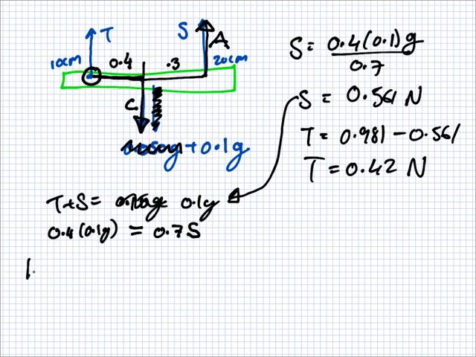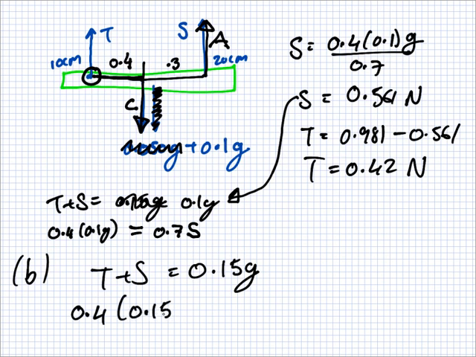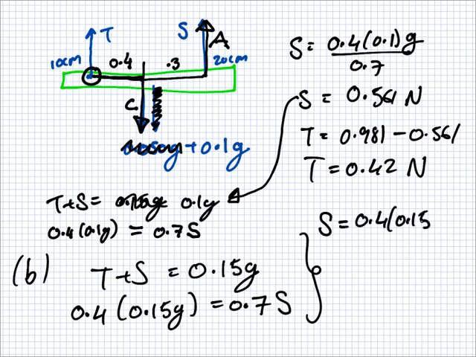So in part B, the only difference is it's T plus S equals 0.15 G. And then in the second part here, it's 0.4 times 0.15 G equals 0.7 S. The only difference. So again, the S will equal 0.4 times 0.15 G over 0.7.